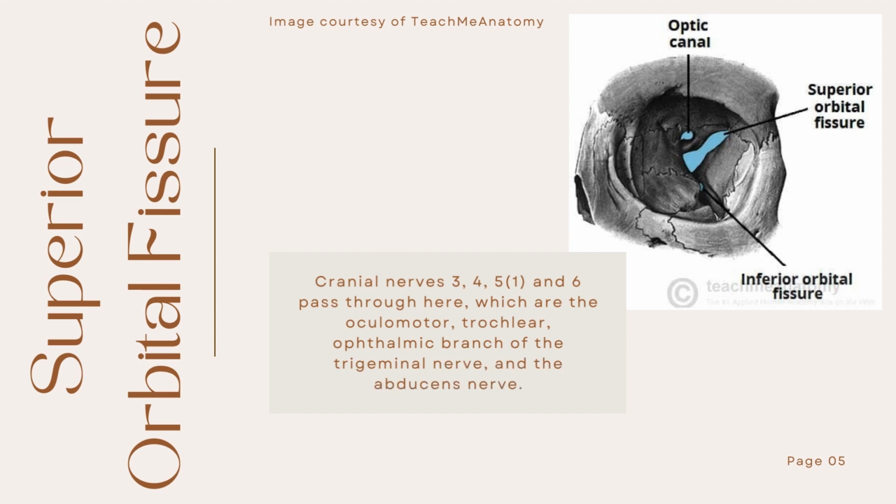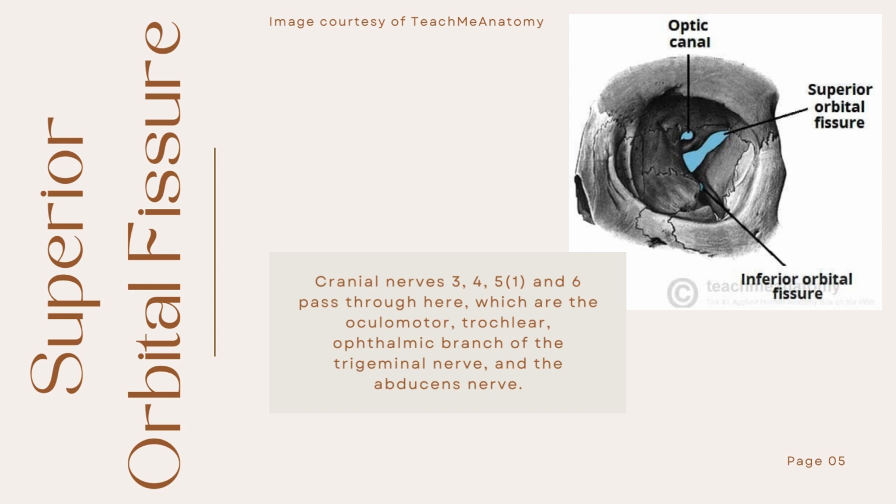So these are the oculomotor nerve, which is cranial nerve 3, the trochlear nerve, which is cranial nerve 4, the ophthalmic branch of the trigeminal nerve, which is cranial nerve 5-1, the first branch of cranial nerve 5, and the abducens nerve, which is cranial nerve 6. They all pass through the superior orbital fissure. That's where they exit the skull.